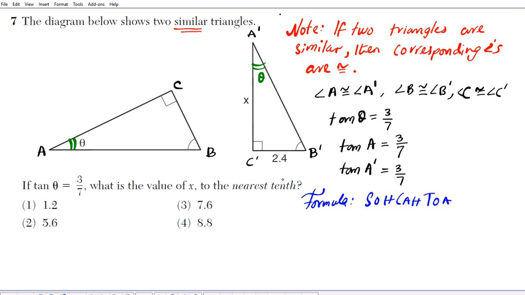Based on what we have and what we need, we can easily determine the correct ratio to use. We know that tan A is 3/7, so that's a giveaway as to which one we're going to use.